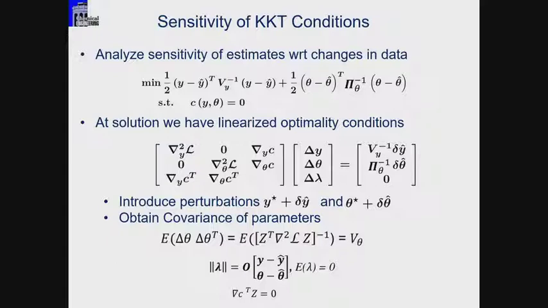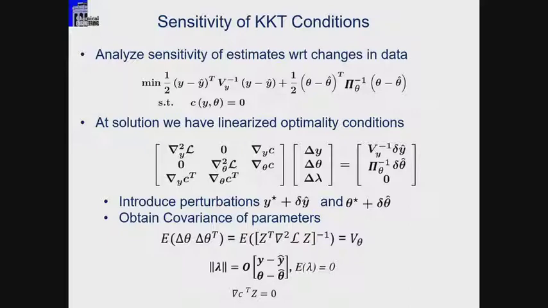The covariance is going to be equal to the reduced Hessian over there, which we'll call V theta. And then the last two things are just a couple of definitions. What happens to lambda? It should go to 0, or at least the expected value should go to 0. And then, of course, Z is going to be our null space of the del C transpose.